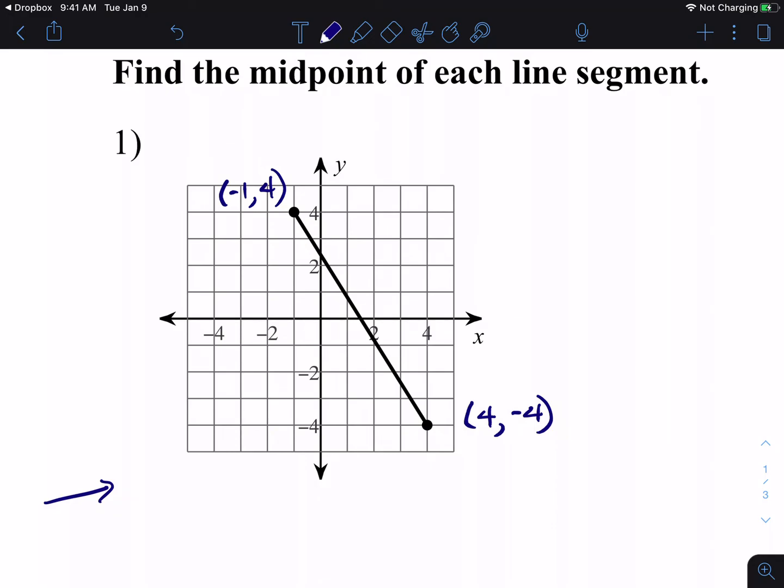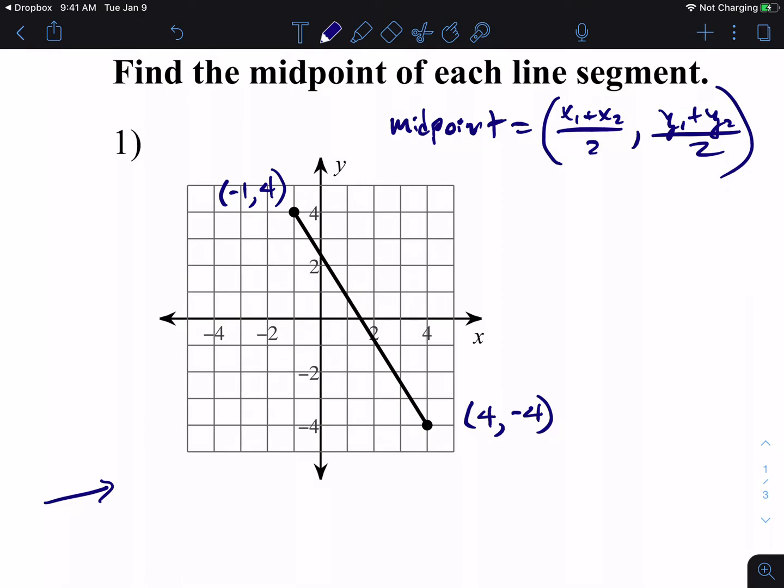So now we're going to find the midpoint. We have to remind ourselves of what the midpoint formula is, so let's go ahead and write that formula. The formula is (x1 plus x2) over 2, comma, (y1 plus y2) over 2.